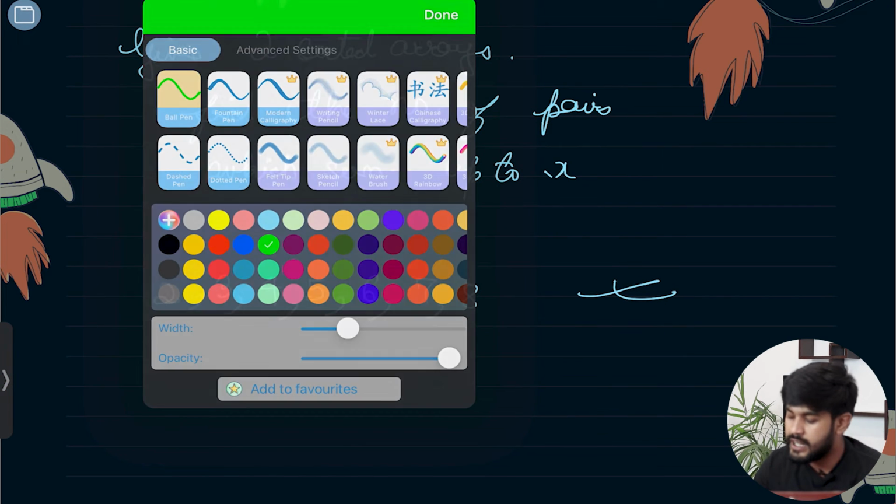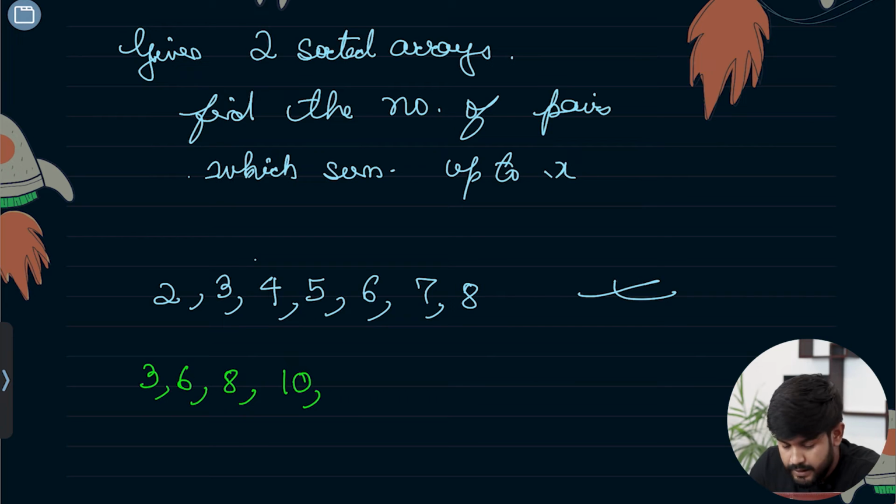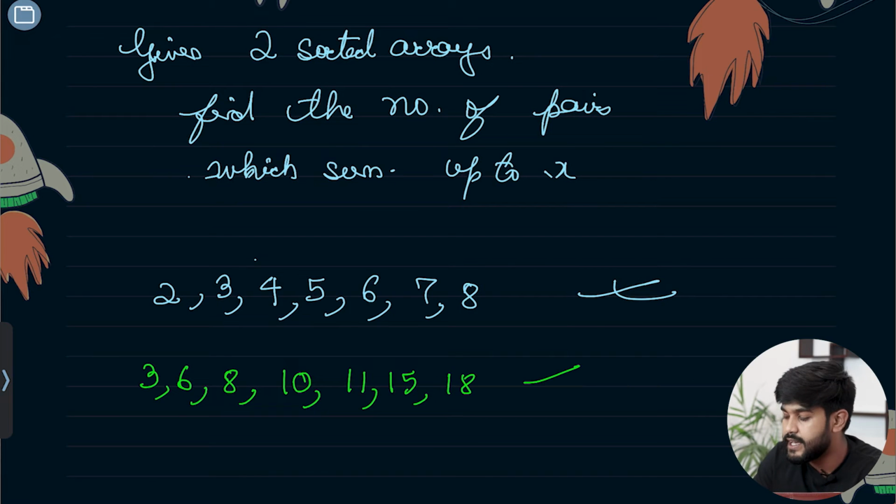The in-order traversal of the second BST would be 3, 6, 8, then 10, then 11, then 15, then 18. This is the in-order traversal of the second BST.